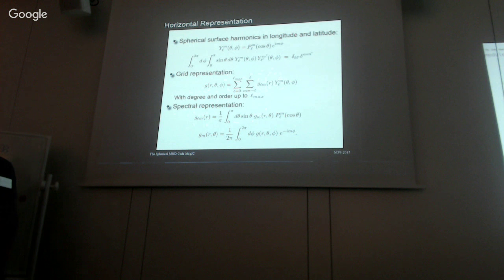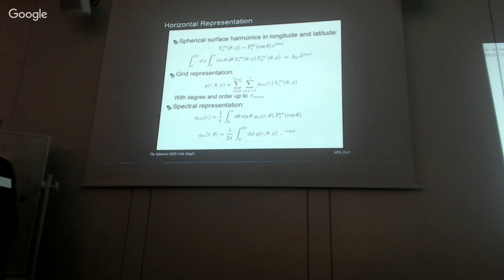And well, then how do you go back once you have the grid? Once you have the grid representation, so for example, you start out with having G, which is just defined on the grid, so on radius, on latitude and longitude. You need a way to go back to the spherical harmonic representation. So what you do is first you do basically this step. And this, if you look at it, is just a Fourier transform.